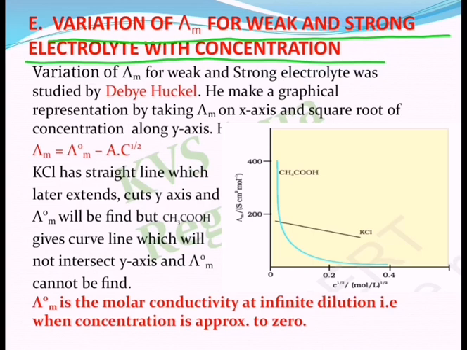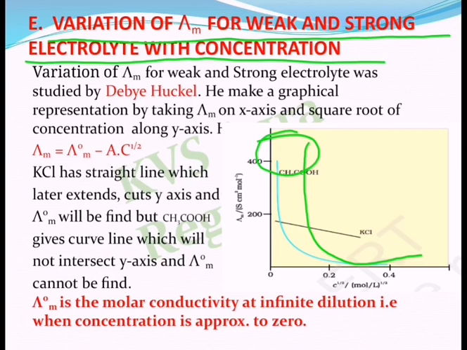You see that there is a curve in the conductivity of the weak electrolyte, so the green colored line will not intersect the y-axis. So we cannot get the molar conductivity at infinite dilution.